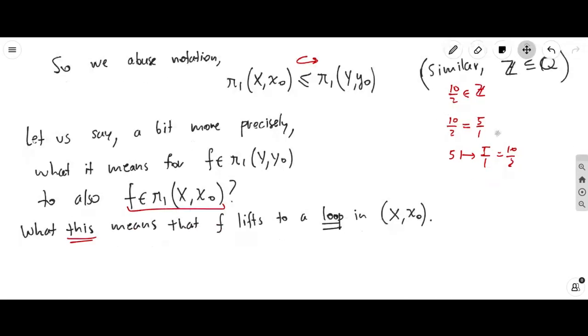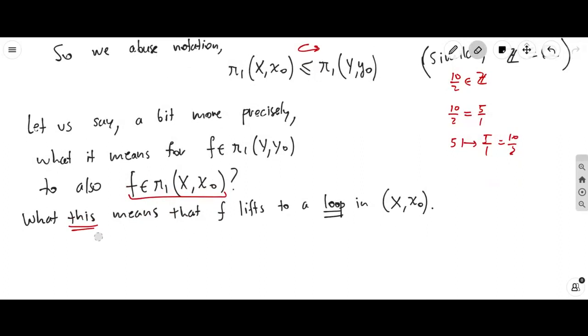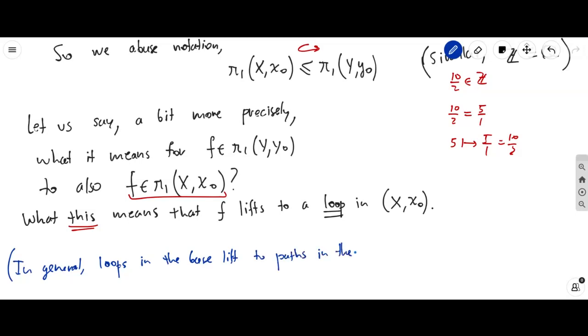In general, and we've talked about this many times before, if you pick a loop in the base, maybe I should write it here, in general, loops in the base lift to paths in the cover. In general, they will not be loops. The endpoints might become separated, as we saw many, many times before.